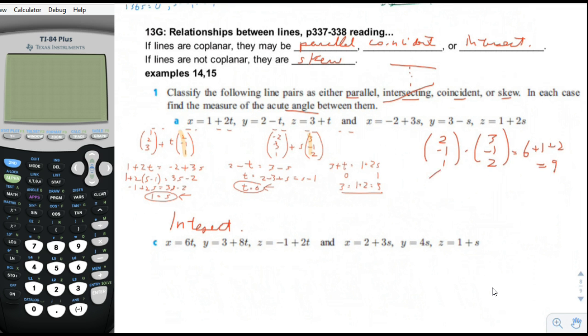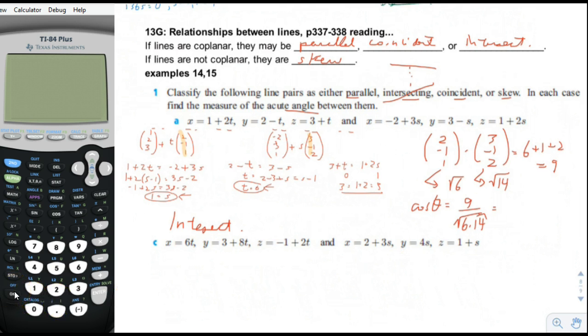The magnitude of the first is 4 plus 1 plus 1, square root of 6. The magnitude of the second is 9 plus 1 plus 4, square root of 14. So the cosine of the angle between them is equal to 9 divided by the square root of 6 times 14. Okay, and we can do that on our calculator here.